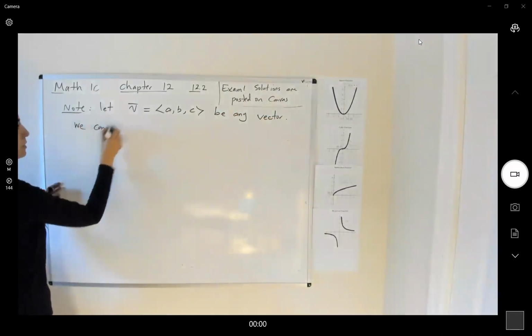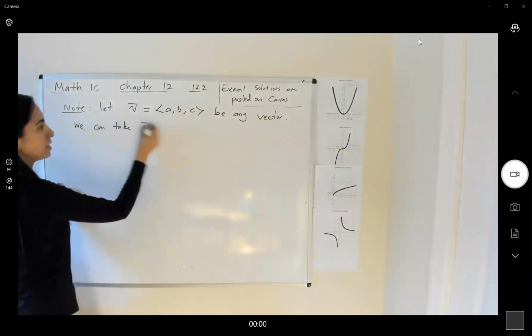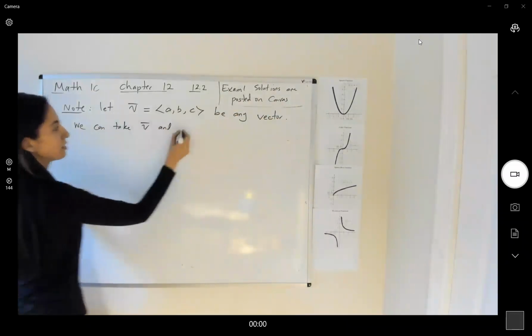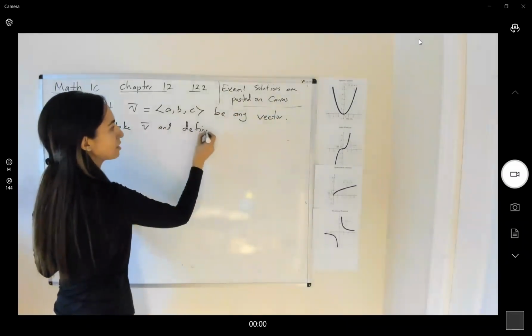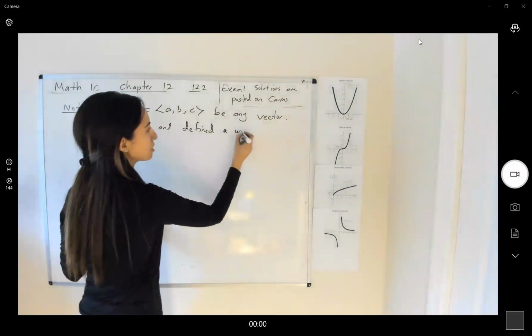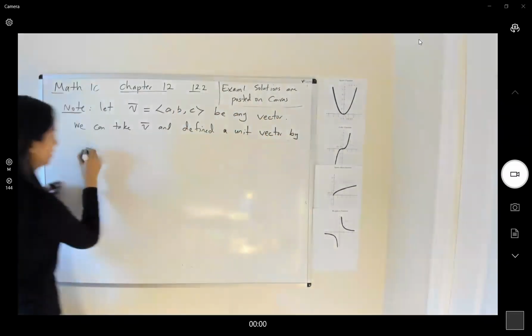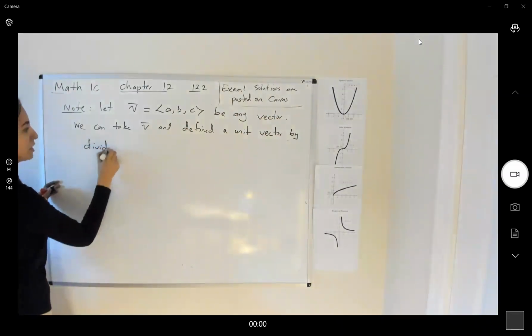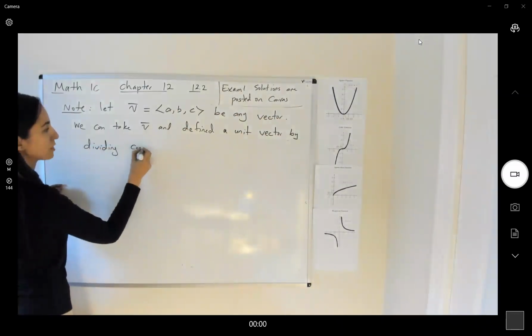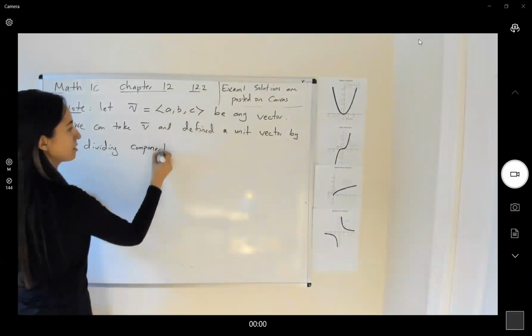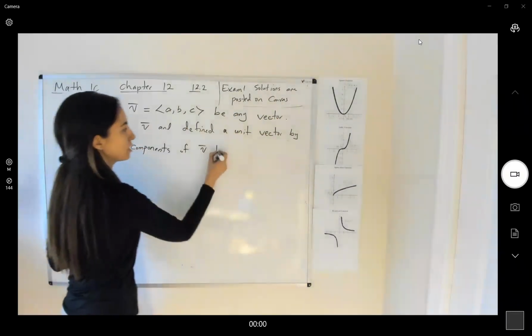We can take V and define a unit vector by dividing the components of V by the magnitude of V.